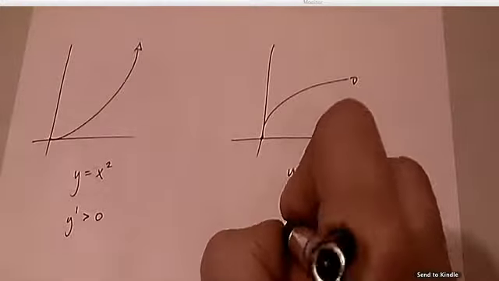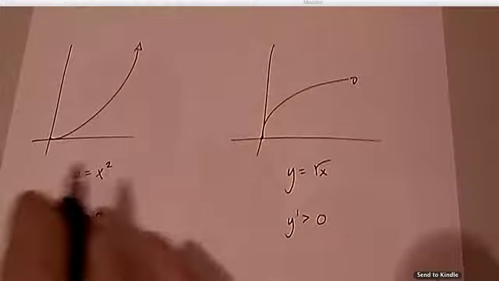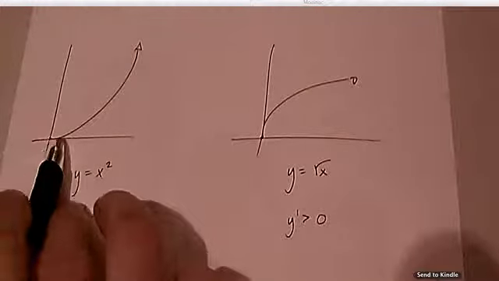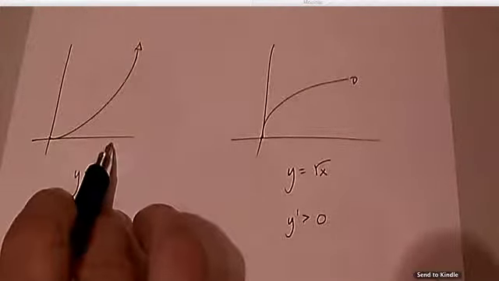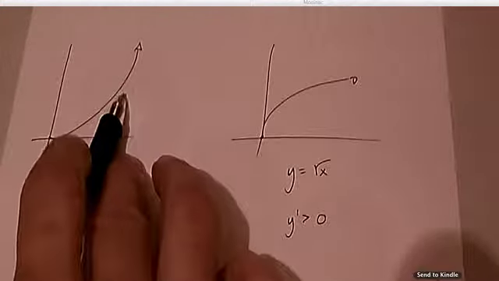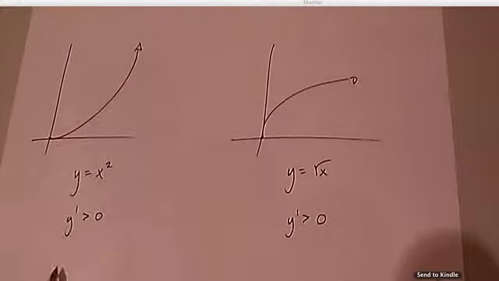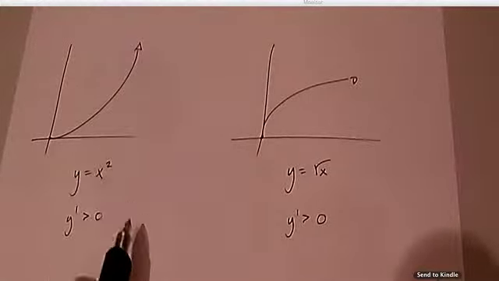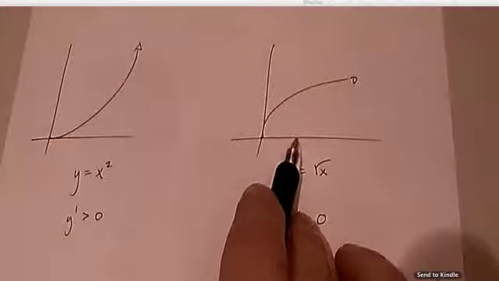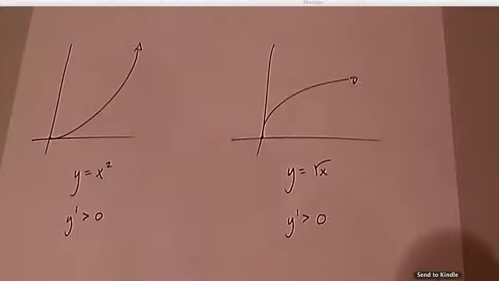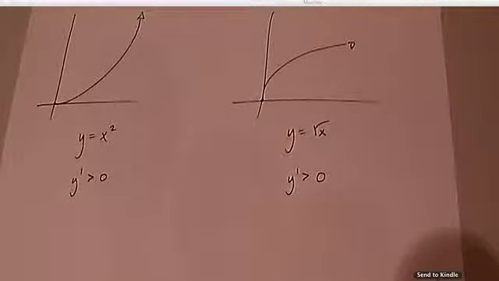They're both increasing on that interval that's shown. Each successive value of x gives you a successively greater value of y, and that's what it means to have a positive slope, right? As you go right, the graph goes up, okay? Well, that's the same over here. As you go right, the graph goes up, but those are definitely different shapes, okay?